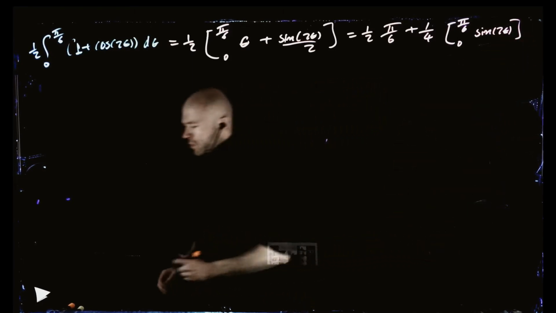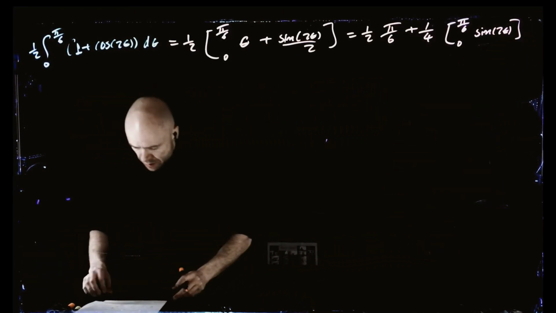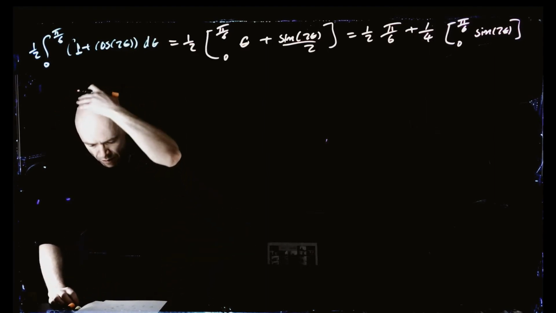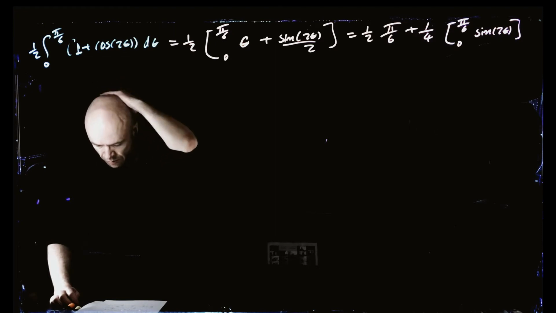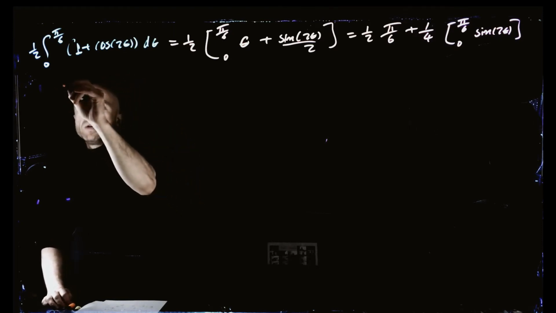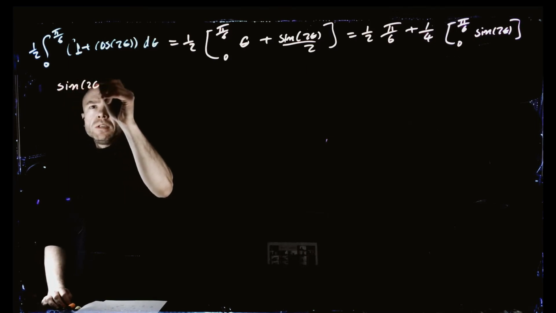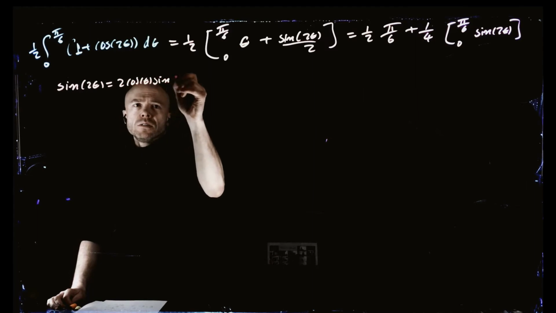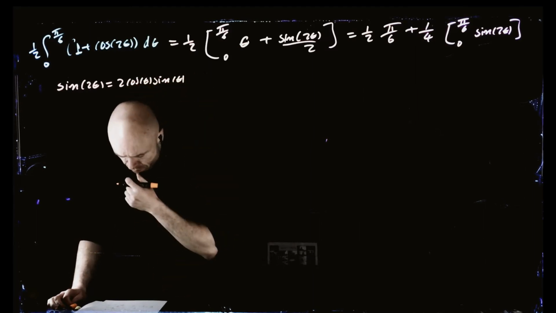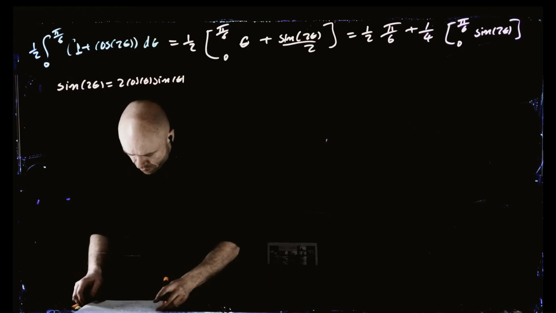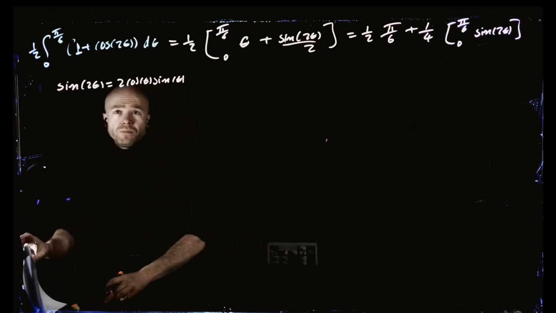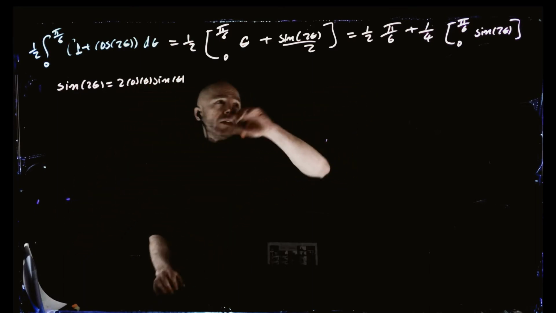But then we have this other identity, that sine of 2 theta is 2 cosine theta sine theta. So we have sine of 2 theta is 2 cosine of theta sine of theta. We can put that directly into this thing.